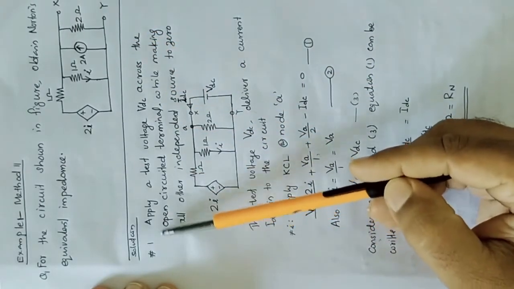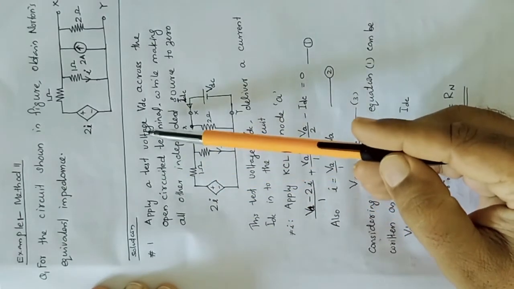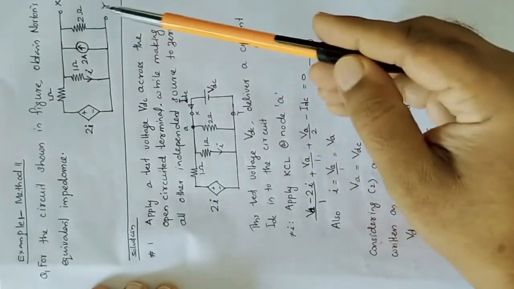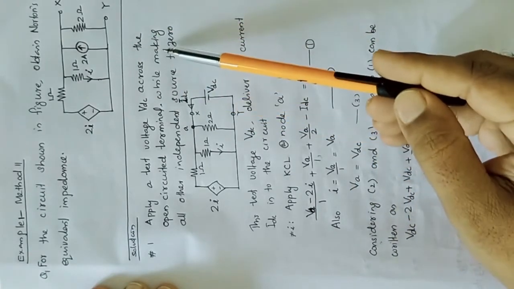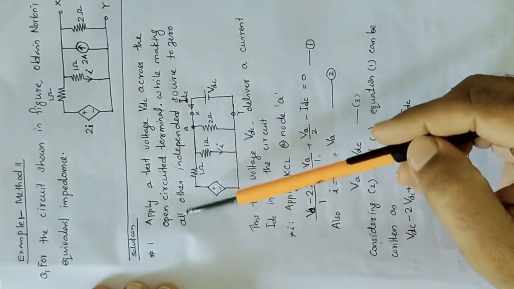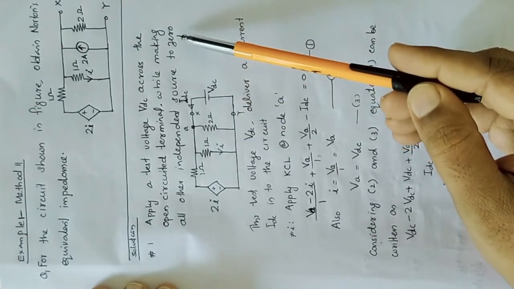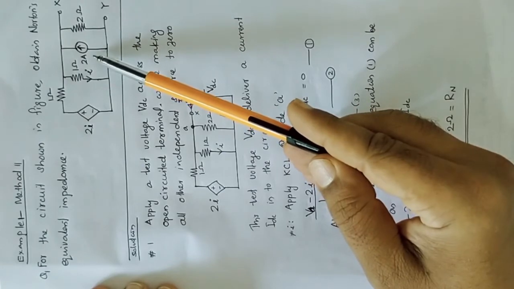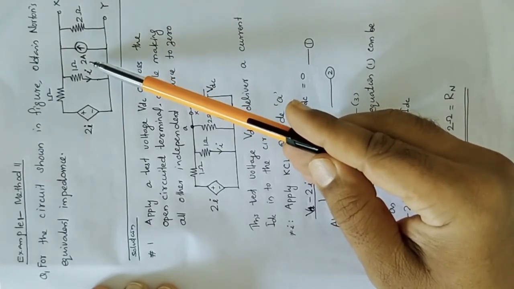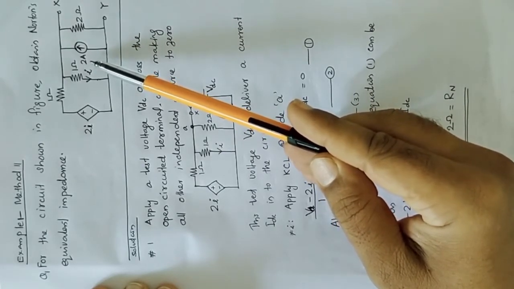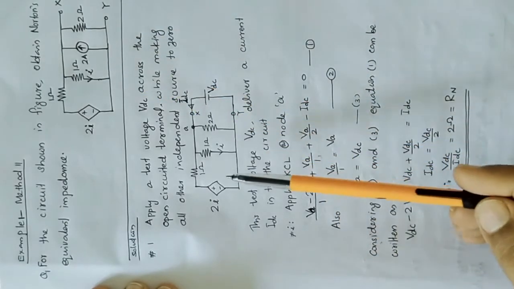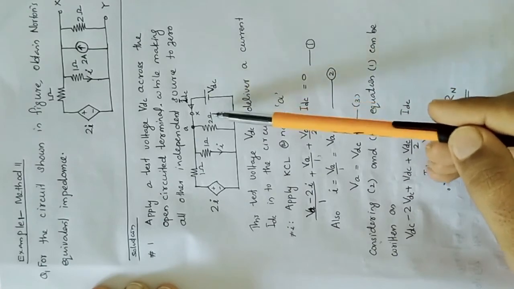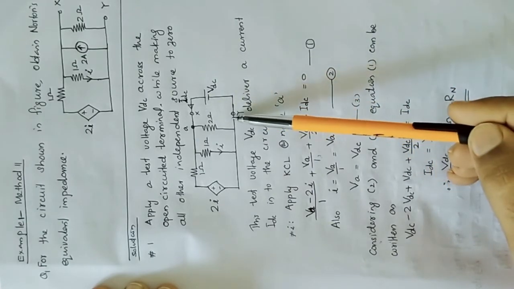So the first step is to apply a test voltage VDC across the open circuit terminals X and Y while keeping all other independent sources at 0. Here only the 2 ampere independent current source is available, which we can make 0 by open circuiting. So the corresponding equivalent circuit is like this. Here we applied a DC voltage source across these open circuited terminals.